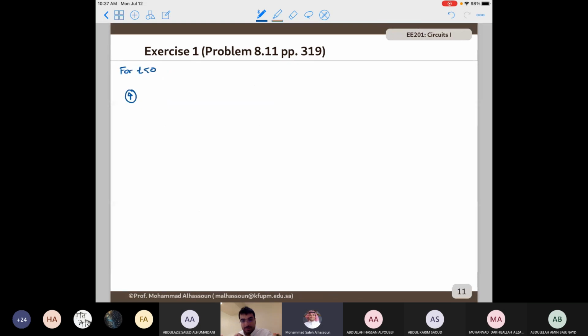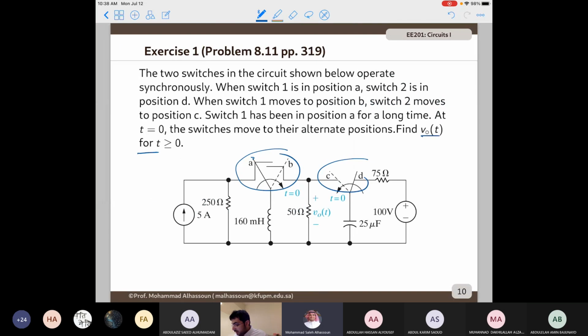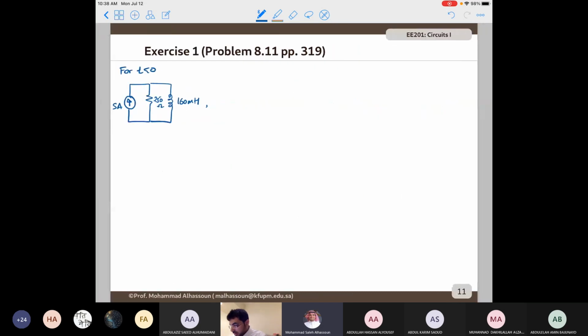So basically we have two separate circuits. And we have 25 microfarad in series with 75 ohm and in series with a voltage source.